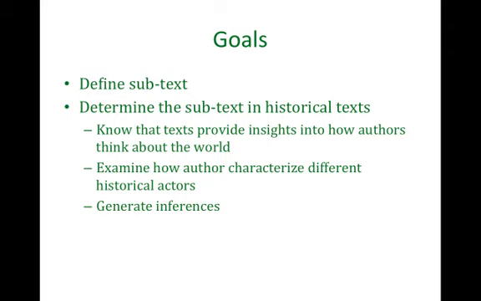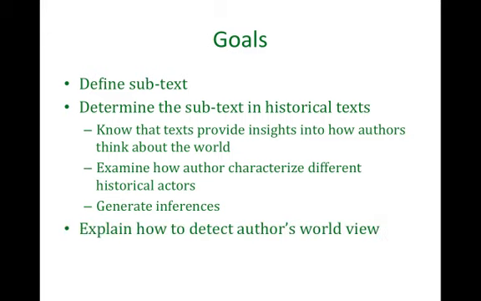And then the other thing here is you have to examine how the author characterizes different historical actors. And then you're going to have to generate some inferences. So in determining the subtext, it's an inference. It's not simply reading the text. You're going to have to generate an inference.